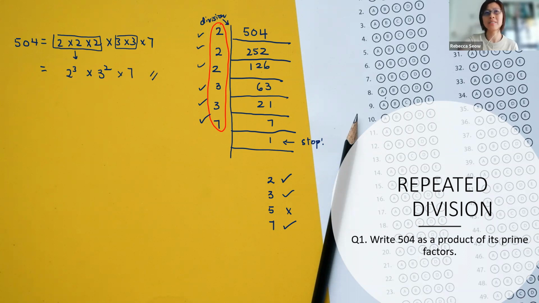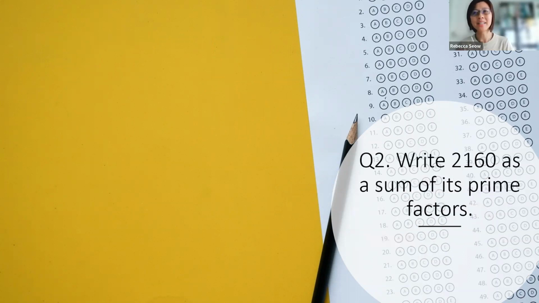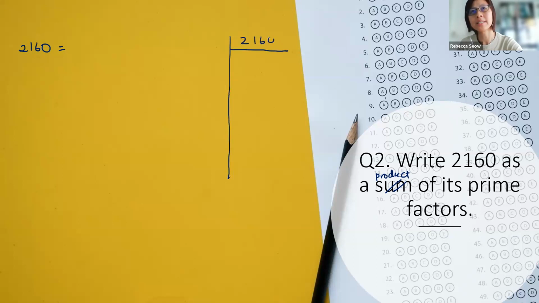Let's do one more question together. Write 2,160 as a sum of its prime numbers. Rather, I think we would have to change this to as a product of its prime factors. Okay, so 2,160 equals, on the other hand, I want to draw a column and put down 2,160.